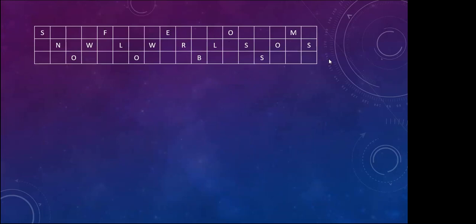It is "snowflower blossoms". Here, spacing we have to think of on our own, using our own logic for what makes sense for the spaces in the plain text.